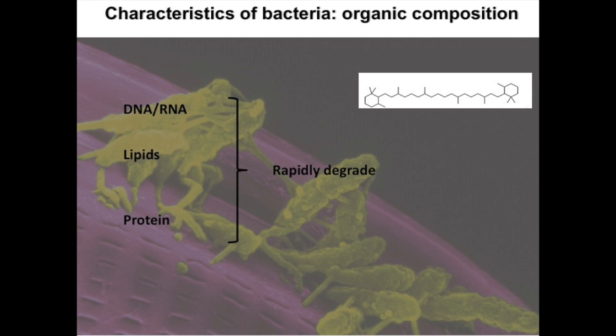But the typical molecules that we think of for an organism, DNA, RNA, lipids, proteins, etc., they degrade very, very rapidly. And what we end up with in rocks after degradation, if we're lucky, if the organic matter is preserved, and the organisms need to be preserved in an anaerobic environment in order for the organic matter to be preserved.